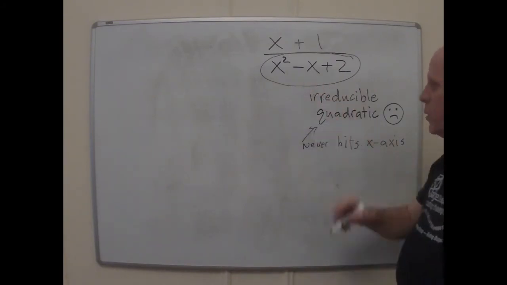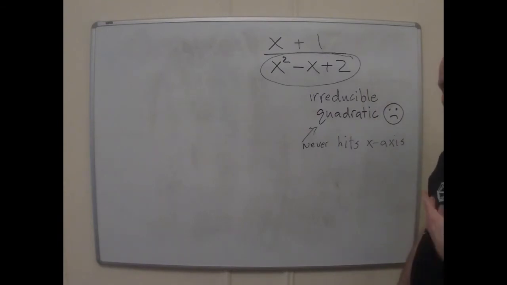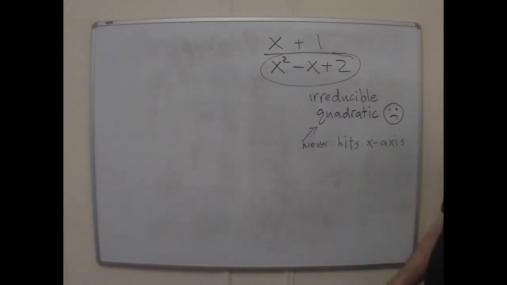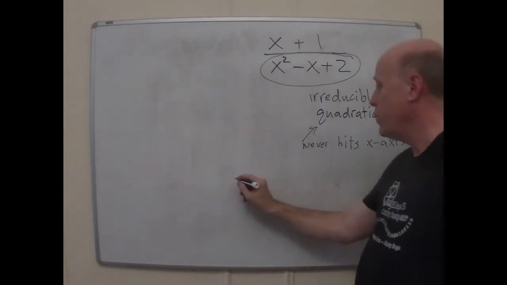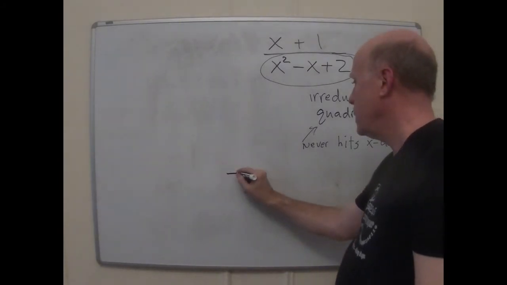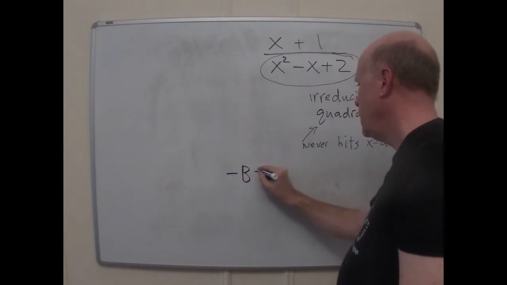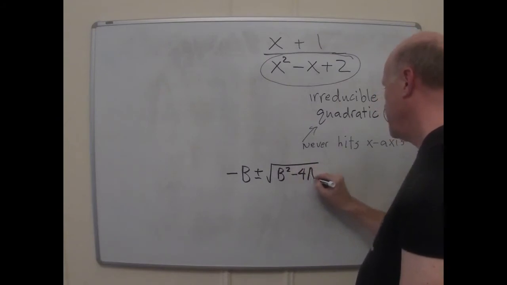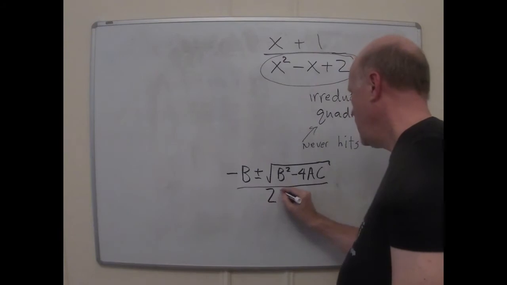Before I leave this guy though, how could you tell, without maybe pulling out the graphing calculator, that this was an irreducible quadratic? Do you remember the quadratic formula, which has negative b plus or minus the square root of b squared minus 4ac, divided by 2a?